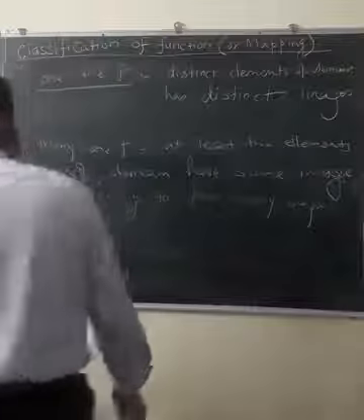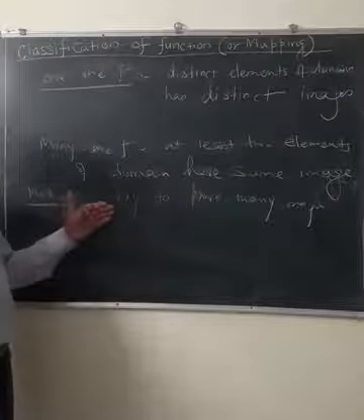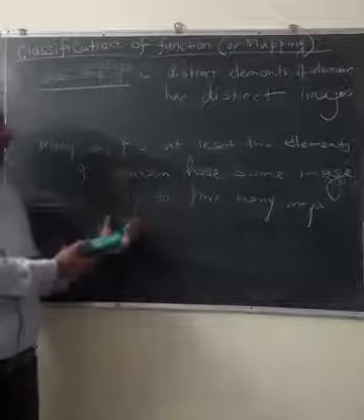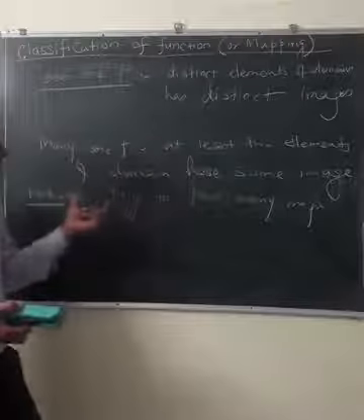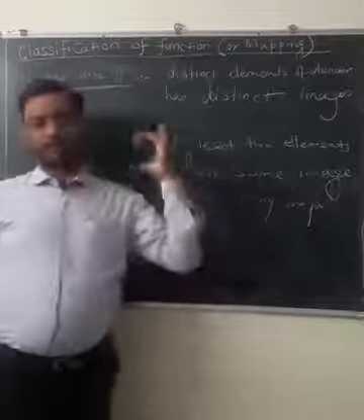What is this method? See here. I will just take an example, a trial case, and I will try my best to prove that the function is many-one.